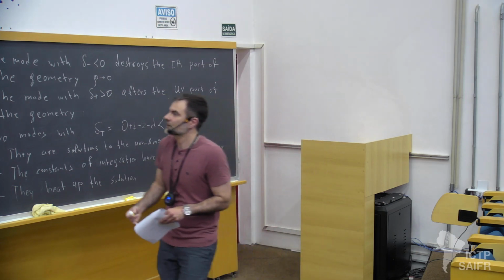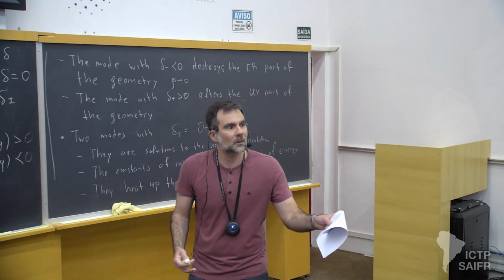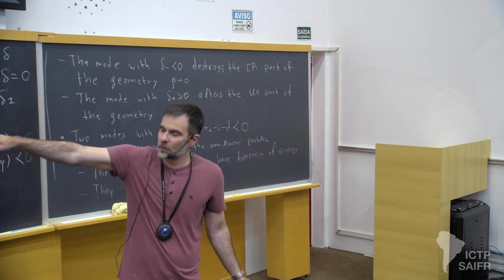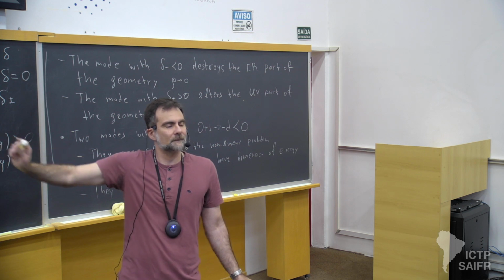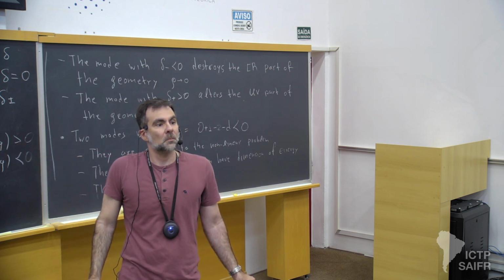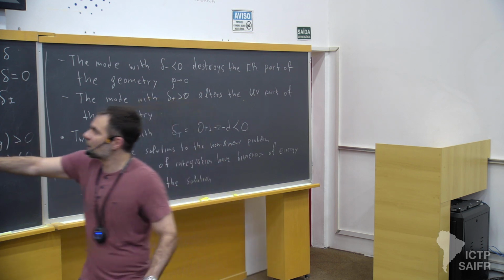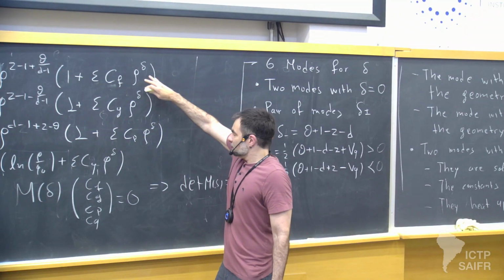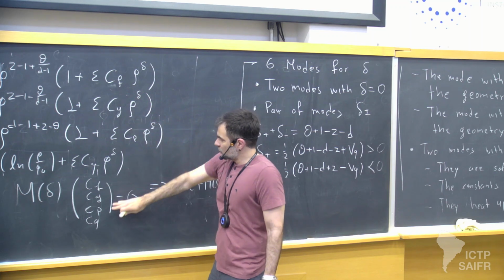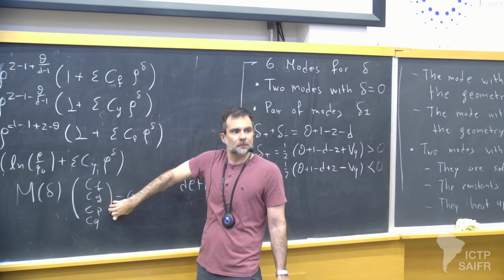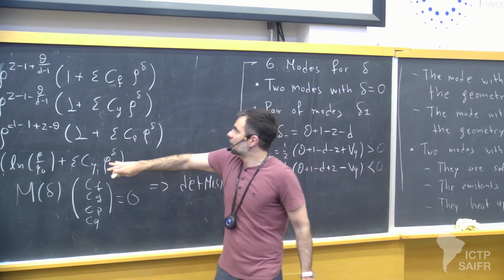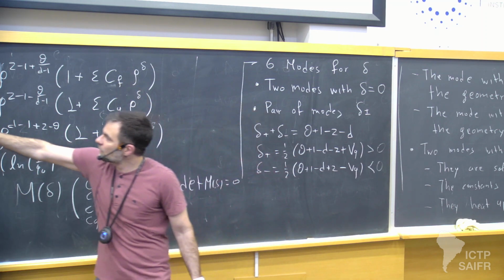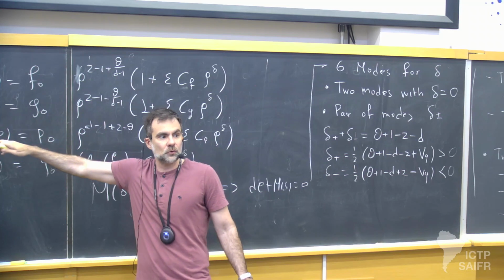Say that again? What do you mean by non-linear? I mean that they solve these equations exactly. So if you take the background solution, which is this part, okay, you find the right constants by solving this problem for this value of delta, and you plug it in here, that will solve actually that system of equations, without expanding.